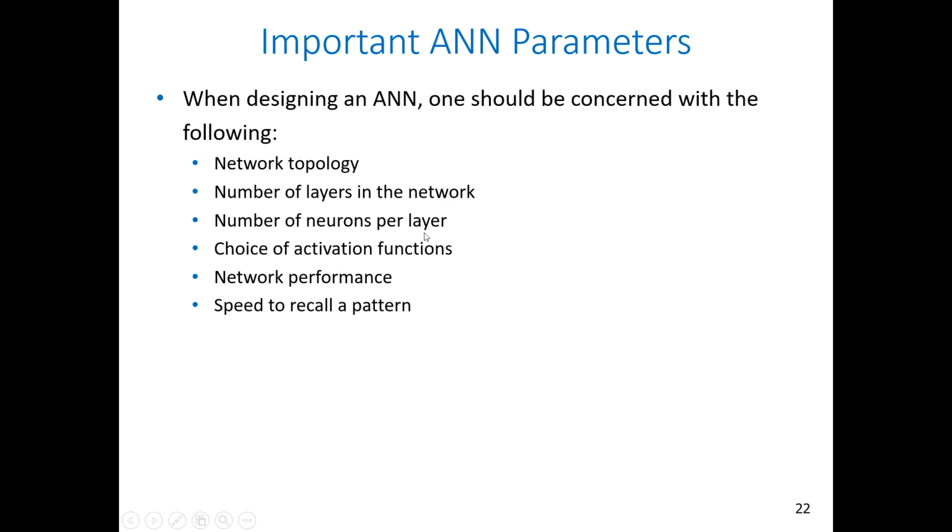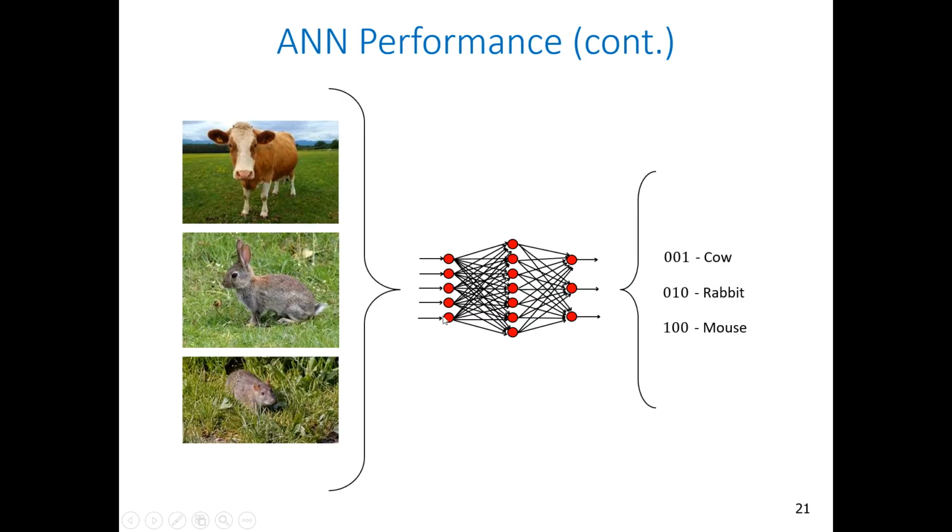Number of neurons per layer. The input neurons depend on your data. The output neurons depend on the target, on how you encode your data. And these are hidden neurons.